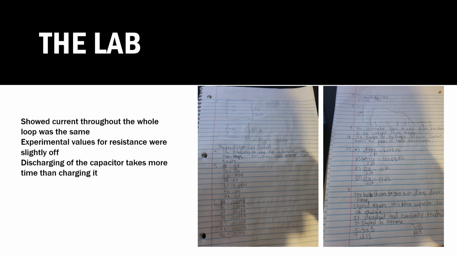I think most of this comes down to the fact that the ammeter only read to, I think, 3 digits, where if it read any further it probably would have found the correct value for the resistors. And we saw in the other half that discharging the capacitor actually takes more time than charging it.